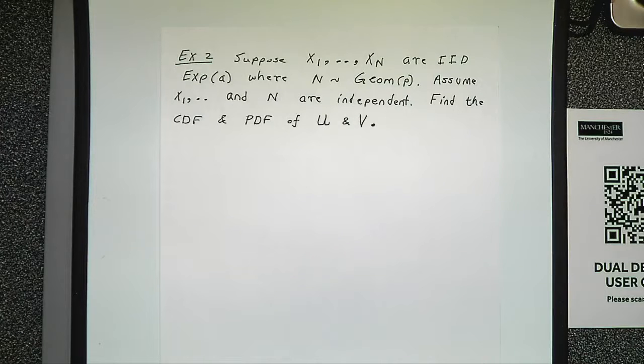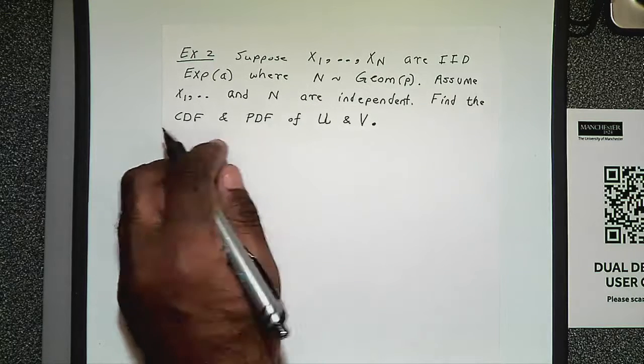Remember we talked about the 6 different cases. So example 1 which I just did belongs to case 1, and this example 2 belongs to case 2 because you have losses which are IID, but the number of investments is a random variable. In this case, it has a geometric distribution with parameter p. Okay, so let's see how we can do this.